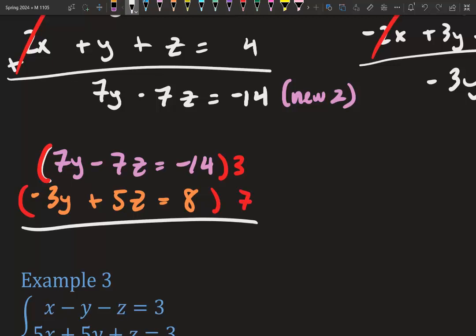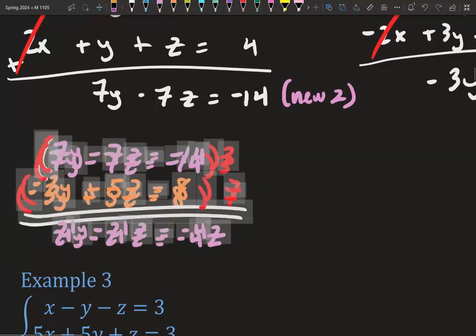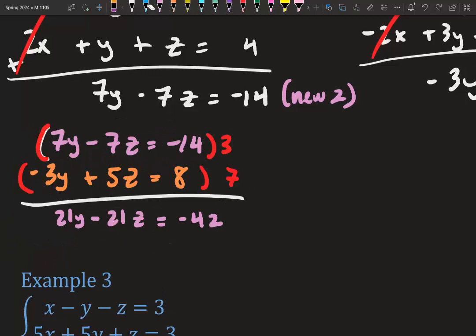So we'll have 21y minus 21z equals negative 14 times 3, which is negative 42. And then on the bottom, we will have negative 21y plus 35z equals 56.